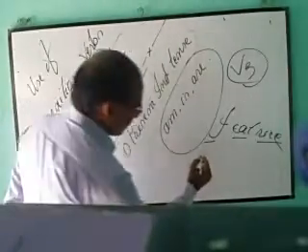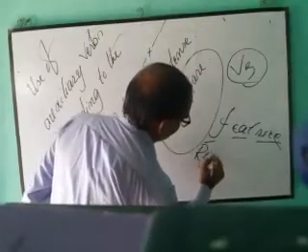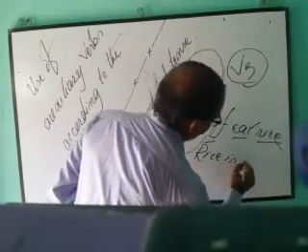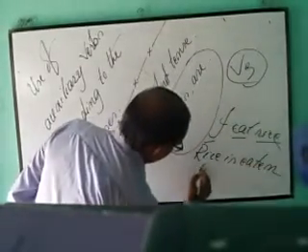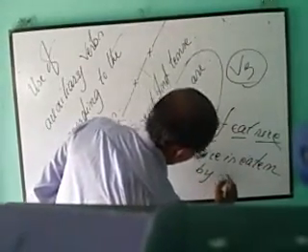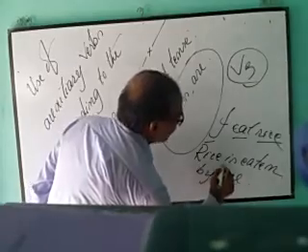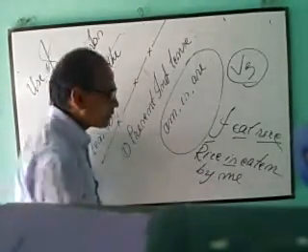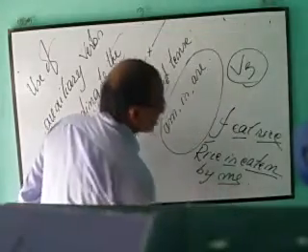But in the passive voice, it is rice is eaten by me. In the passive voice, I have brought is auxiliary verb, then past participle of eat, then subject.